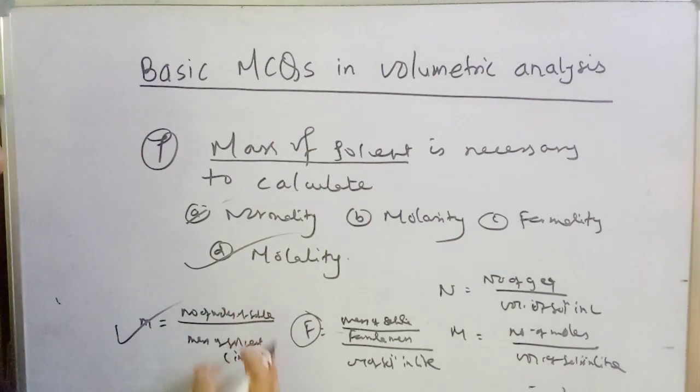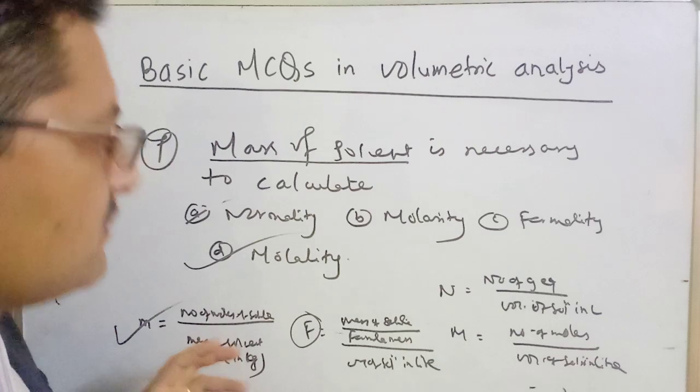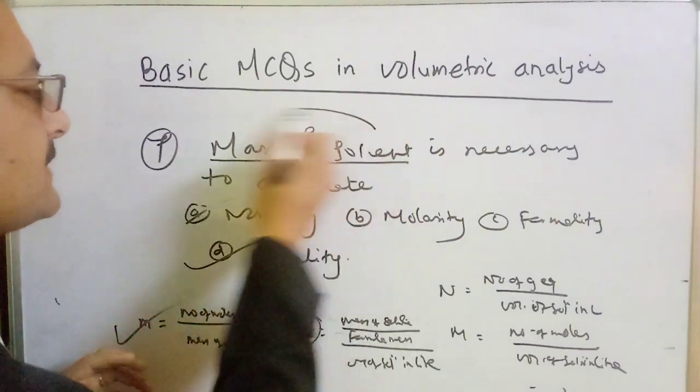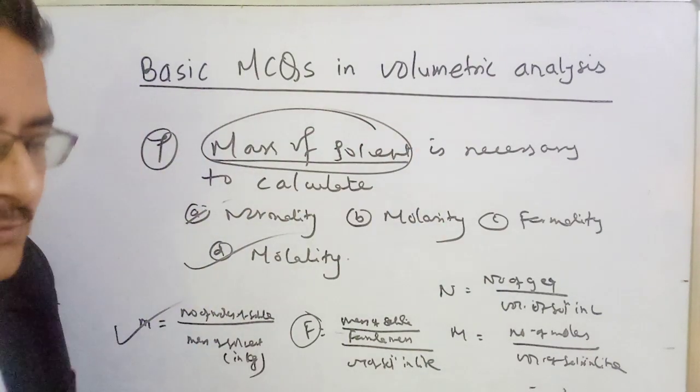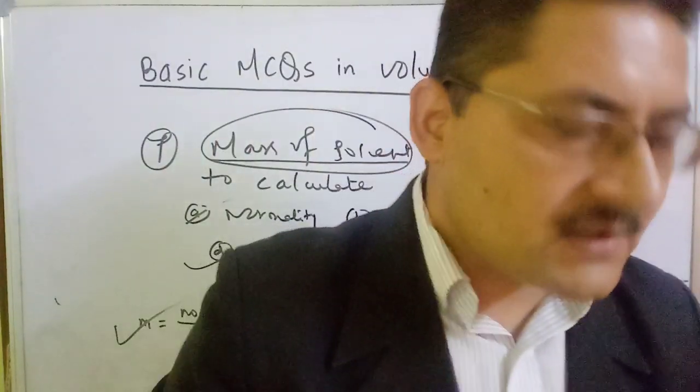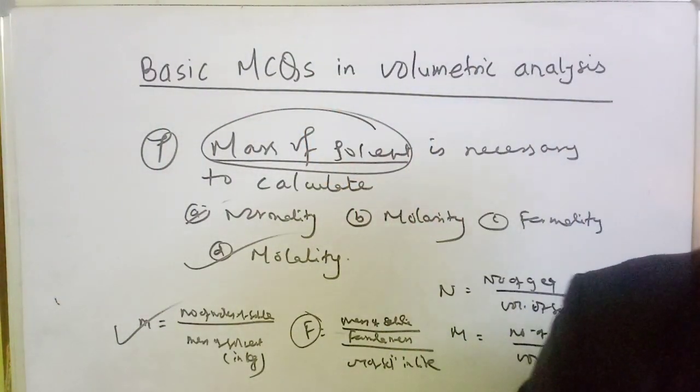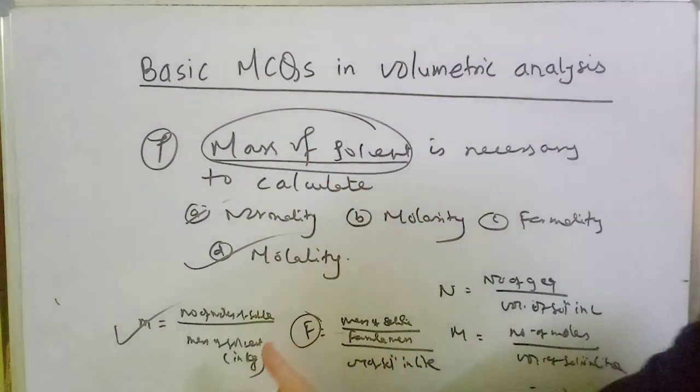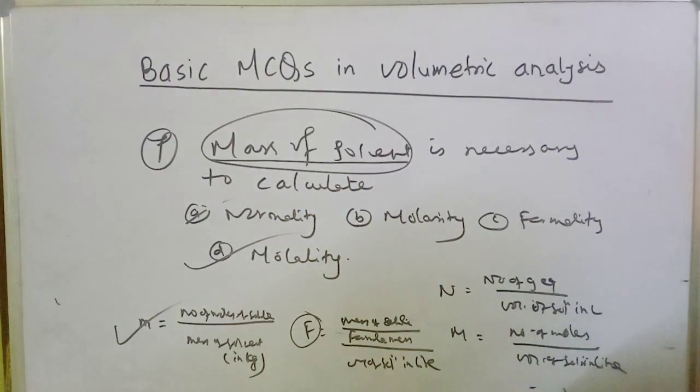So molality is the concentration term in which we are mainly concerned with mass of solvent. You need to know the mass of solvent if you are going to calculate the molality. Okay, this is number 7. Now we go to number 8.